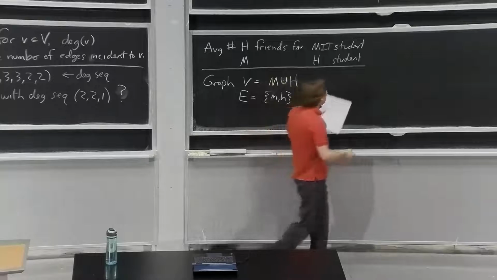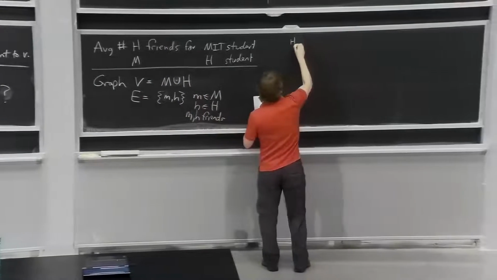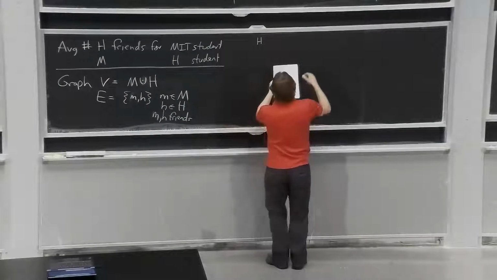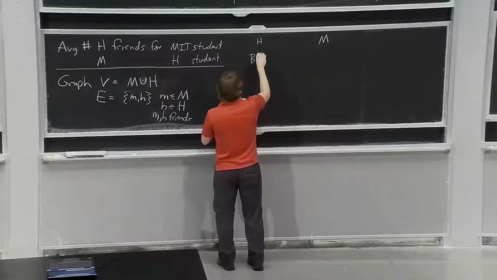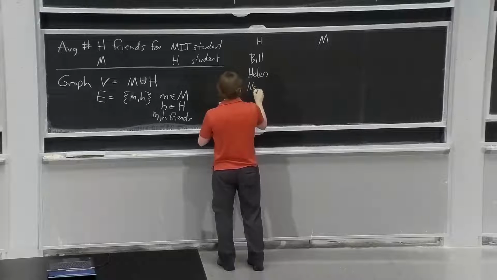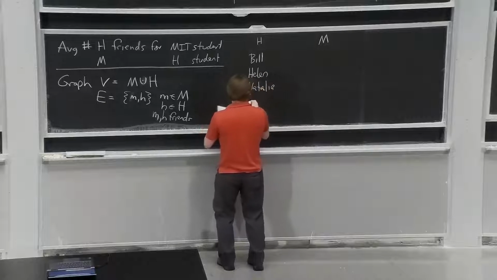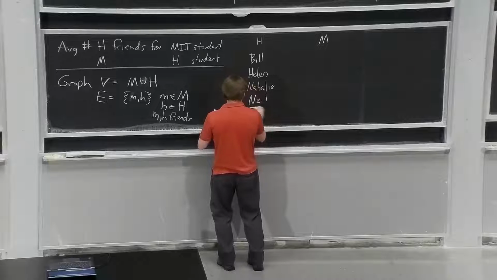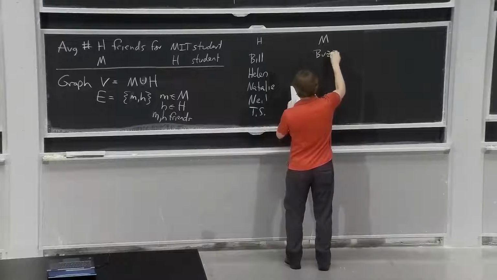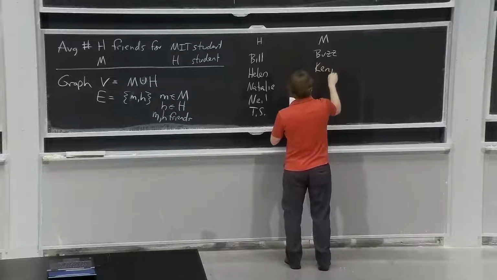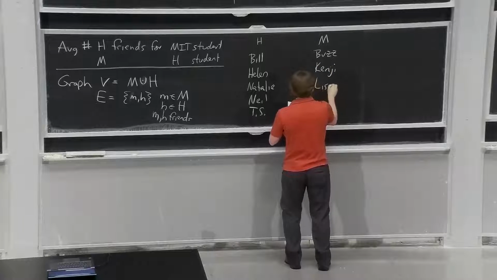And we can draw an example of what this might look like. Here are all of my Harvard vertices on the left. Here are all of my MIT students on the right. On the left we have, I don't know, Bill and Helen and Natalie and Neil and TS. On the right, maybe we have Buzz and Kenji and Lisa.